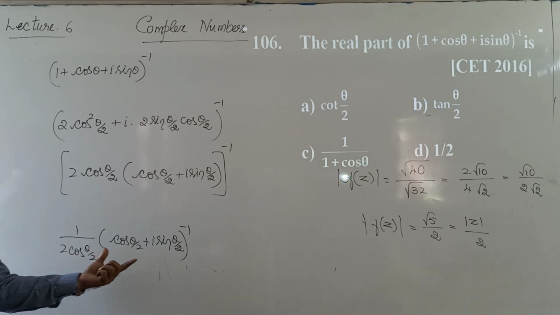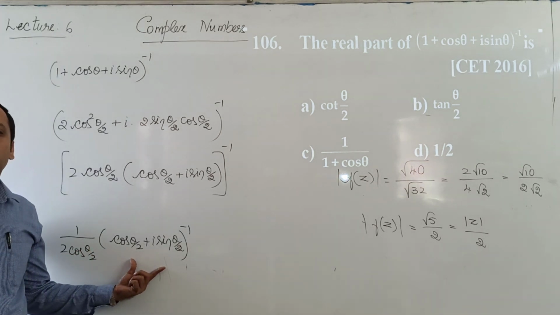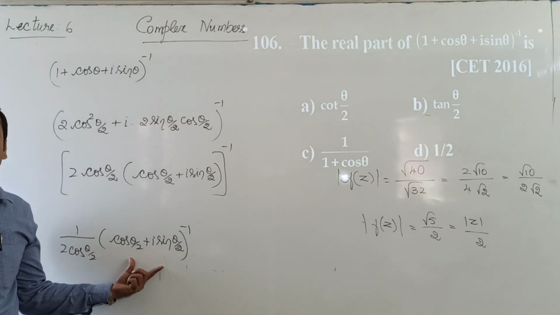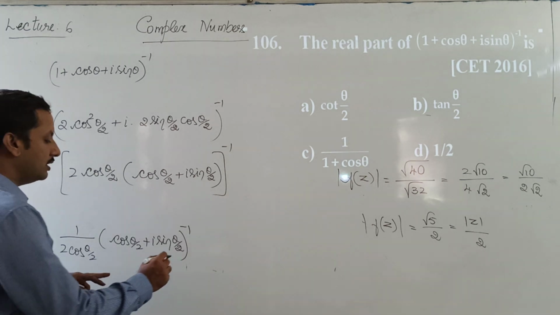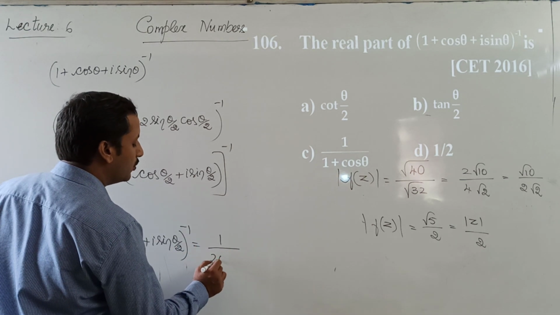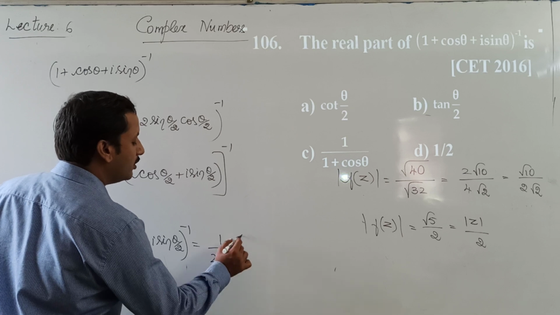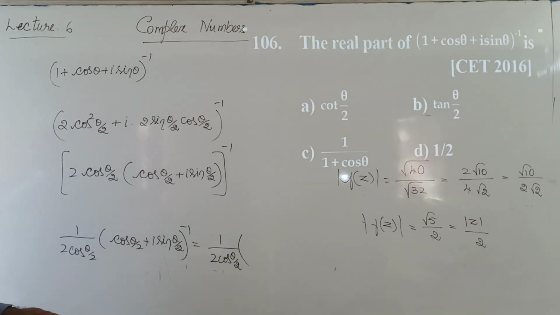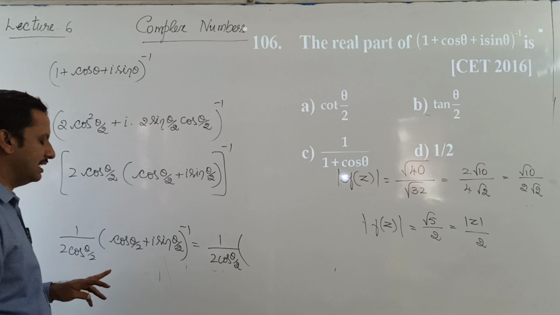Now I can use De Moivre's theorem here: (cos theta plus i sin theta) whole power n is equal to cos n theta plus i sin n theta. So this becomes 1 by 2 cos theta by 2 into cos of minus theta by 2 plus i sin of minus theta by 2.